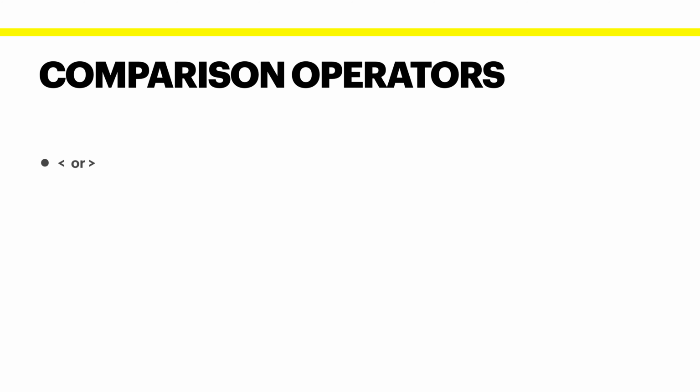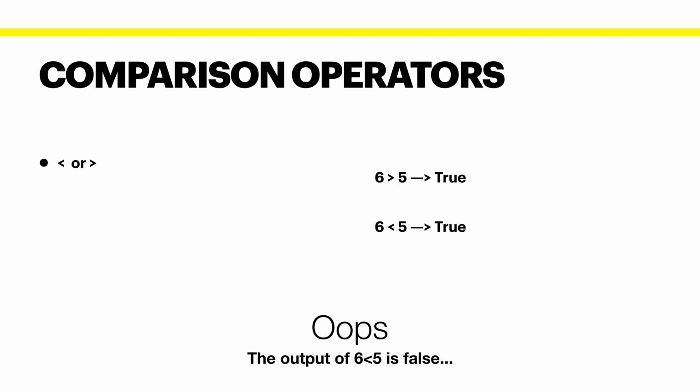The first comparison operators are the greater than and less than operators. These return a boolean value based on the inputs. For example, when we check if 6 is greater than 5, the output will be true. But if we check whether 6 is less than 5, the output will be false.